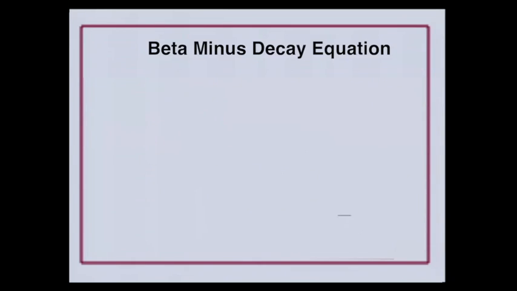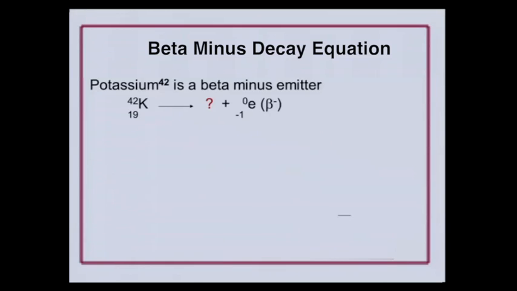Now, as we continue to look at the beta minus, again, it's just an illustration of how we go about resolving a beta minus decay equation. Again, keep in mind balancing left and right side, mass and energy. We're going to have a potassium-42 that undergoes a beta minus emission. Beta minus, you'll see it illustrated here with the e as an electron.